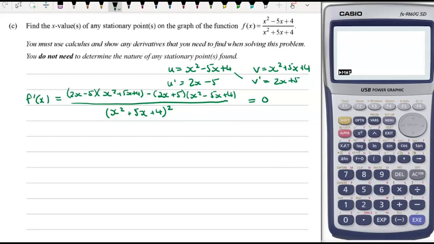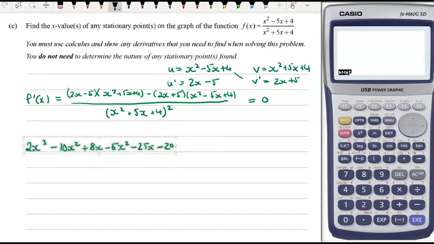So then multiplying out through the top, we're going to have 2x cubed minus 2x times 5x is 10x squared, 8x, minus 5x squared, minus 25x minus 20. Just move that over a little bit because we've got a lot to do here.